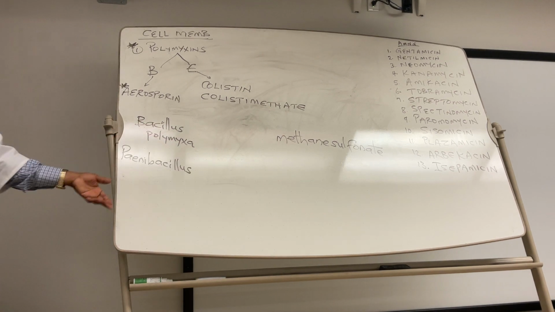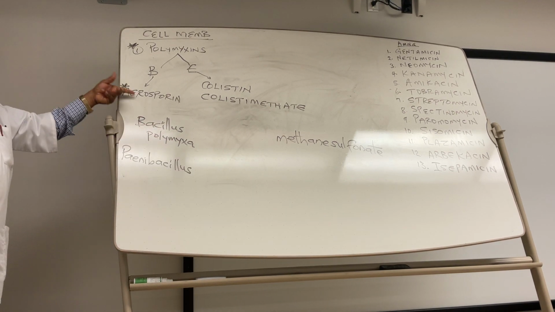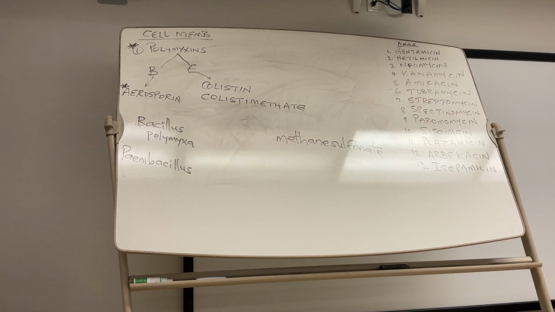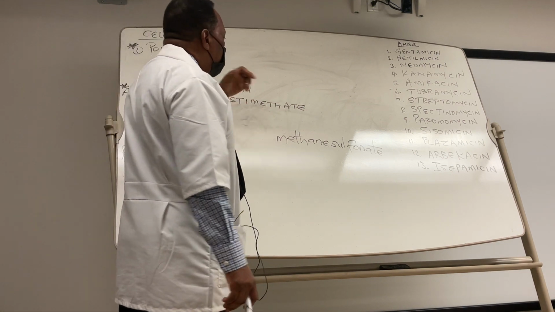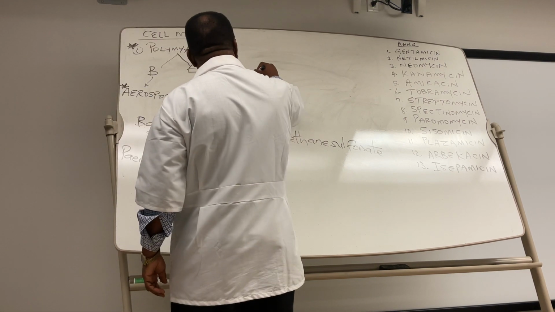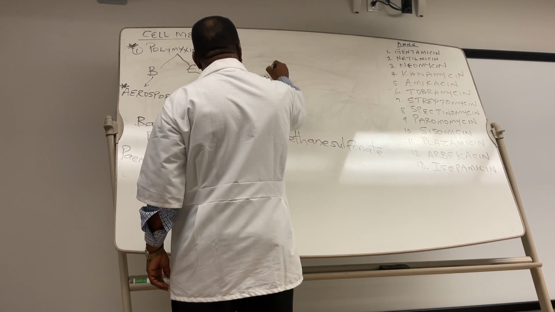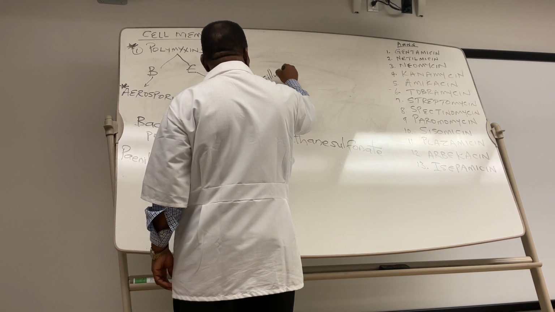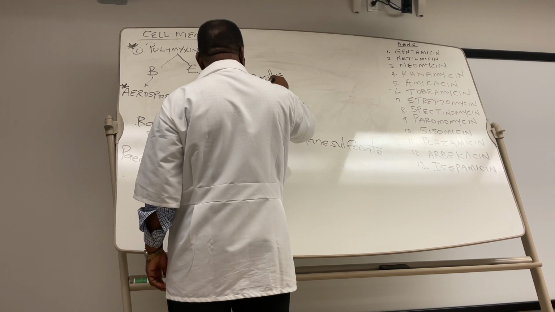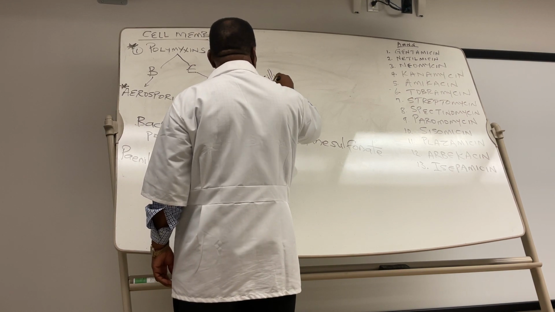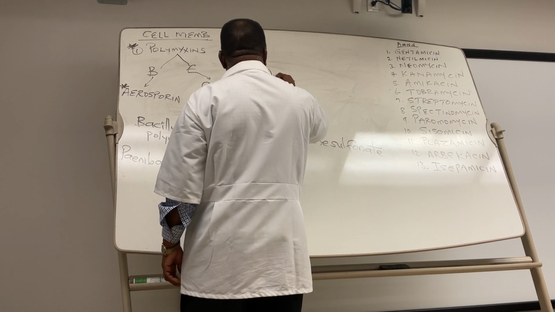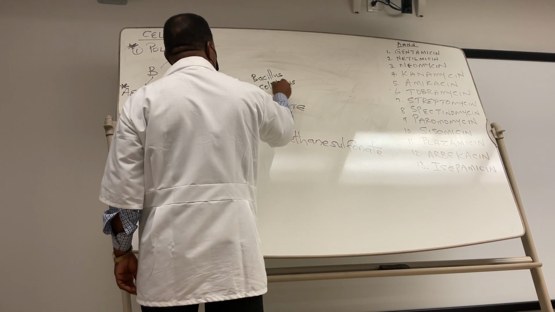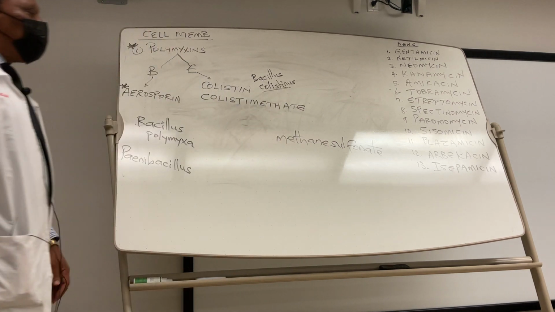Paenibacillus polymyxa is the same as Bacillus polymyxa, which is where your polymyxin B originally came from. And for polymyxin E, that was from your Bacillus colistinus. And that's where you got the colistin from. Okay?